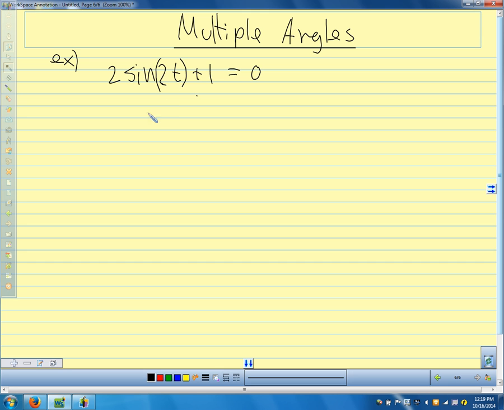So I'm going to isolate my trig function. So sine 2t equals negative 1/2. And now I look on the unit circle and say, where is sine equal to negative 1/2? But when I do this, I'm saying 2t equals whatever this angle is.